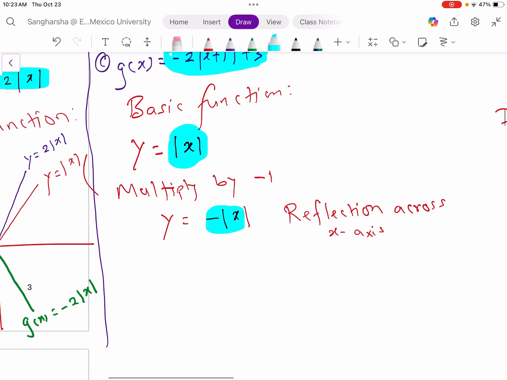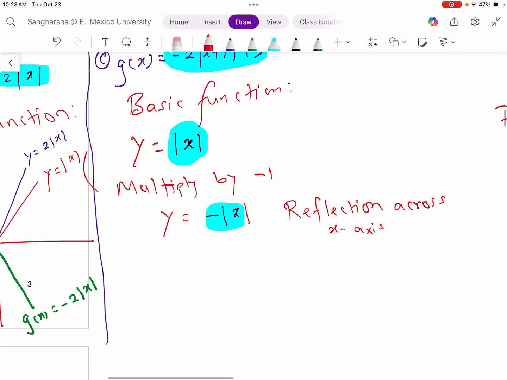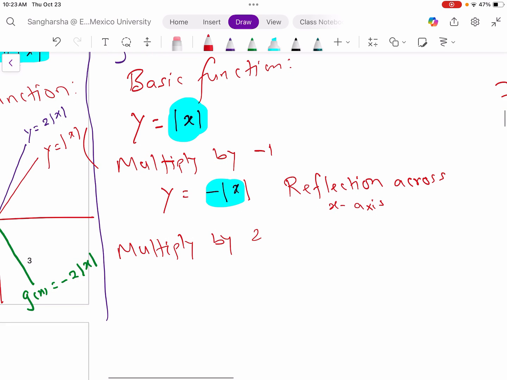We need 2 here, right? So let's multiply by 2. If we multiply by 2, we get y equals negative as it is, and we have 2 absolute value of x. Now what does it mean by multiplying a function by a number greater than 1?